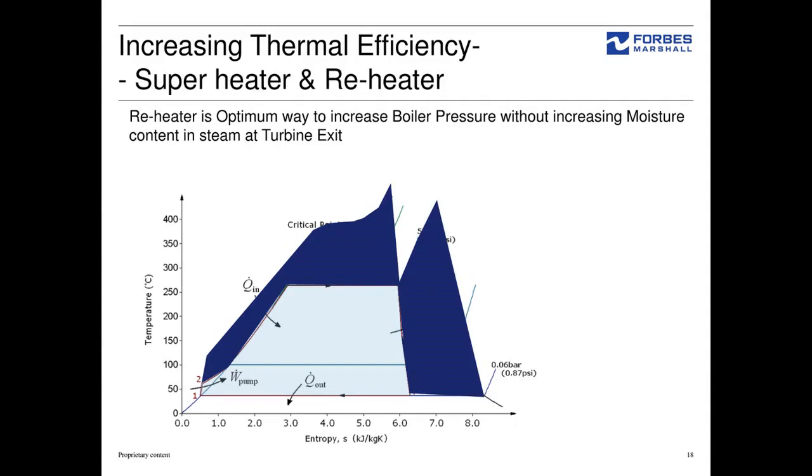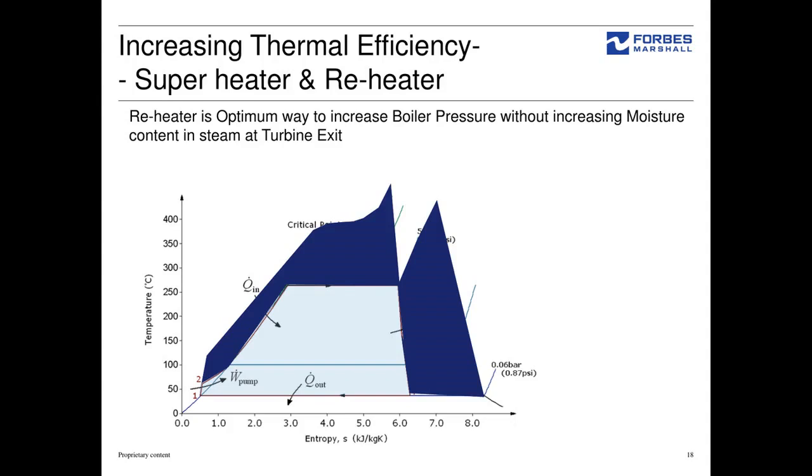So what we do in most of the high pressure supercritical boiler based power plants, we are not only increasing pressure of feed water in a boiler, we are also introducing reheater. How reheater works, I will just try to explain.